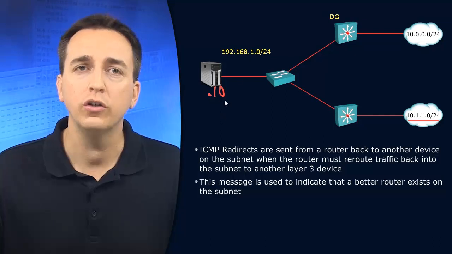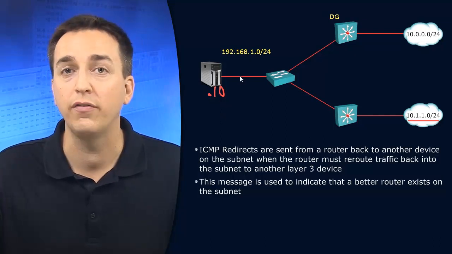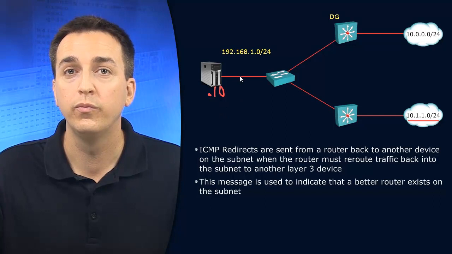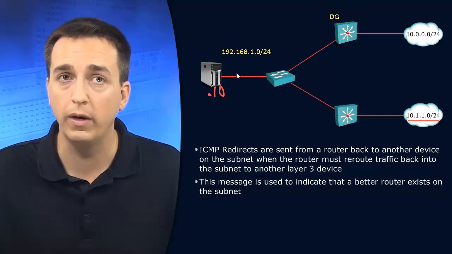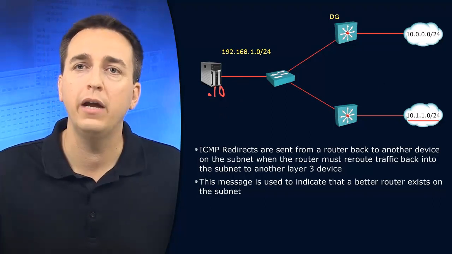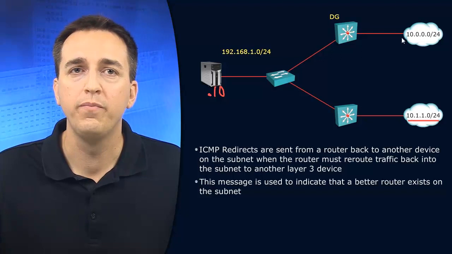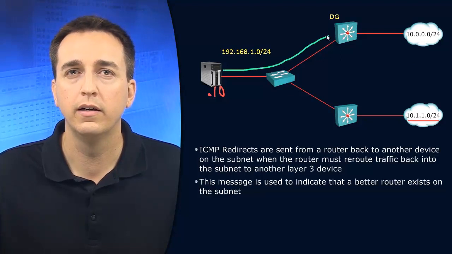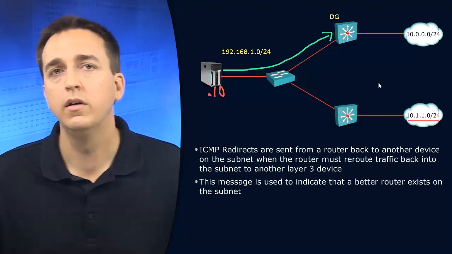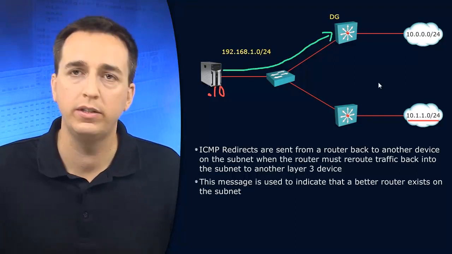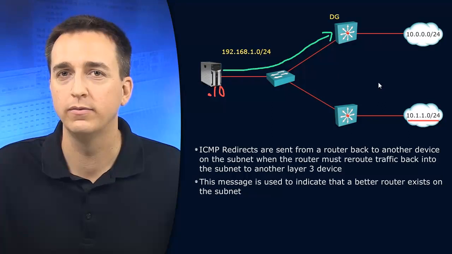So our server has to send the traffic to who? It has to send the traffic to the default gateway. So who's the default gateway in this case? Well, we said it's our router up here. So the traffic flow is going to go this way. Now, is that the correct way to go to 10.1.1.0/24?